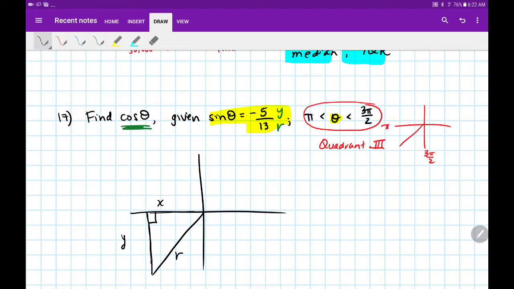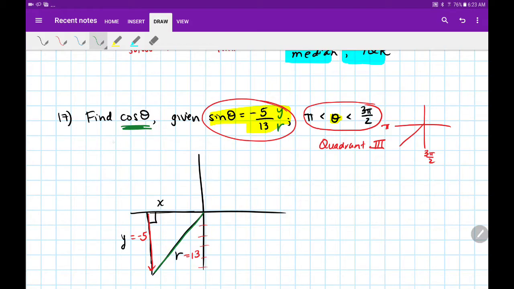So now we'll use the information right here. Our y value is -5. Our r is 13. And that makes sense, right? Because we're going down 5 units, right? If this was like my y-axis, it's in the negative direction. And then the hypotenuse is never negative, right? R is always positive.